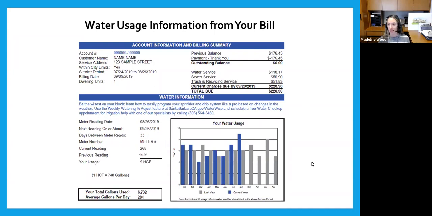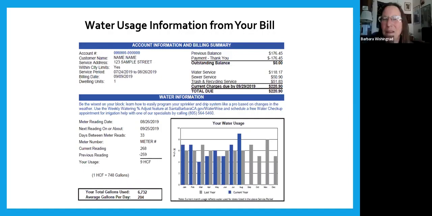When it doesn't rain a lot, it's less of a clear distinction, but the average single family home in Santa Barbara uses 9 HCF, and that's typically with 3 or 4 folks and some irrigation. The more irrigation, the higher the especially summer usage is going to be. Great, thanks, Madeline. Next.